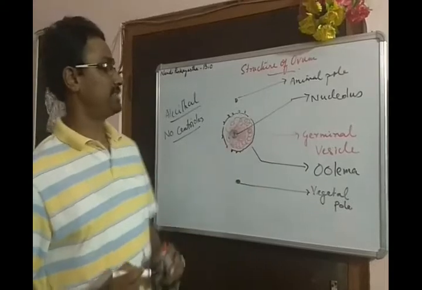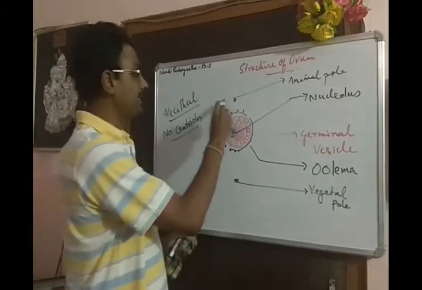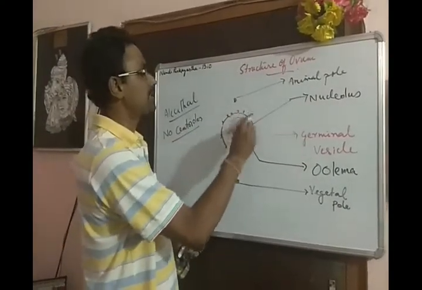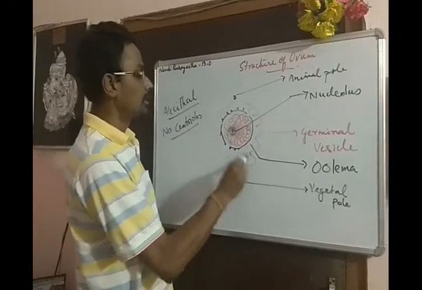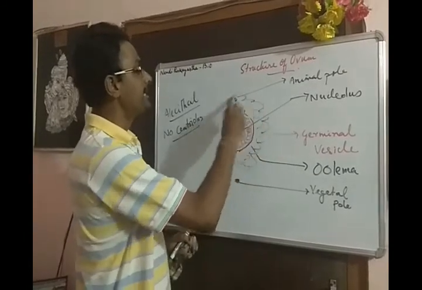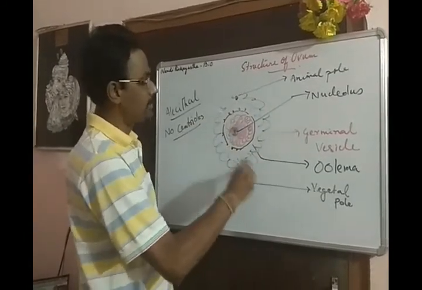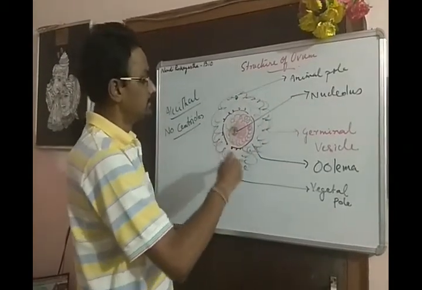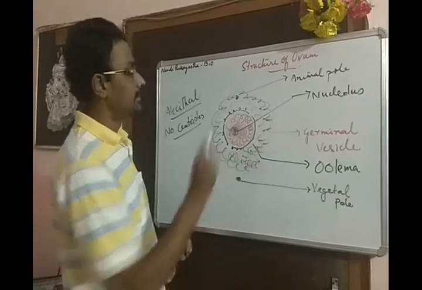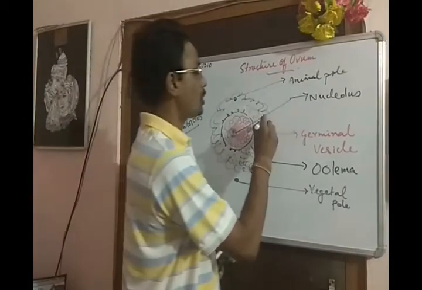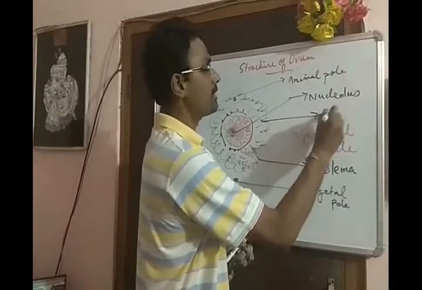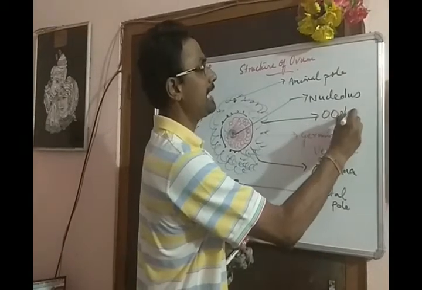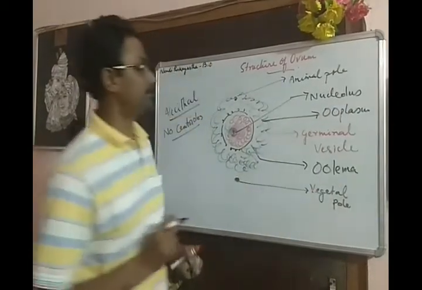Animal pole and vegetal pole. Here it is having abundant cytoplasm. Got it? A is having what? Abundant cytoplasm. Clear? This is called ooplasm, O-O-P-L-A-S-M. Ooplasm.